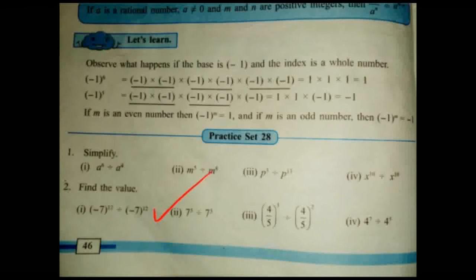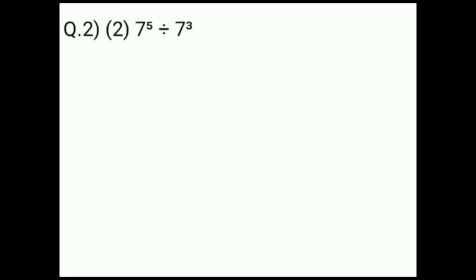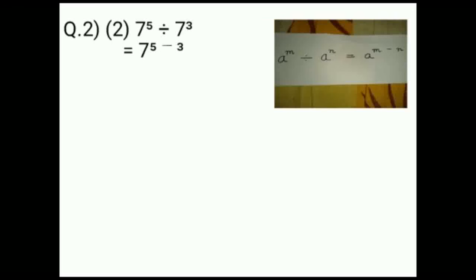Next, 7 raised to 5 divided by 7 raised to 3 is equal to 7 raised to 5 minus 3. That is equal to 7 raised to 2. First you have to subtract only the index, base write as it is. 7 square is 7 into 7.